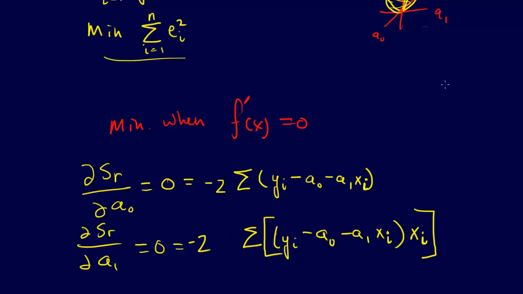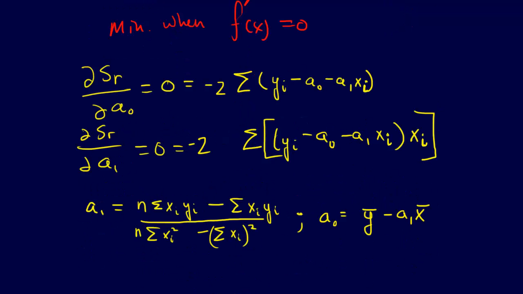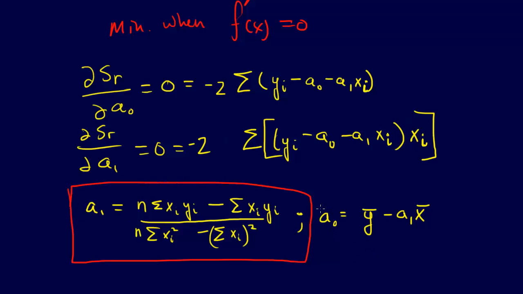All right, when we solve those equations out, this is what we get. We have our a1 and a naught, and I just don't think it's worthwhile to show all that math. a1 equals n times the sum of xi yi minus the sum of xi times the sum of yi, all over n times the sum of xi squared minus the square of the sum of xi. Here you square them before you sum them, and there you sum them before you square them, and you multiply by n here and by n here.